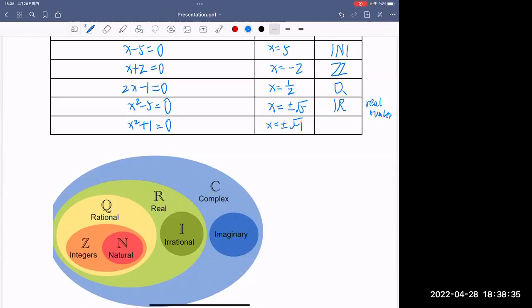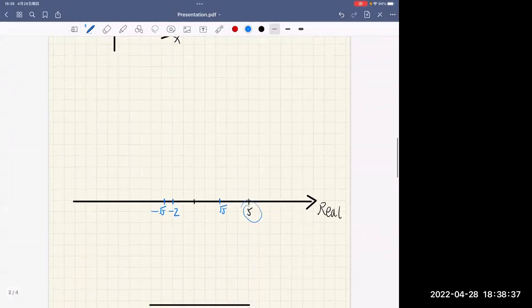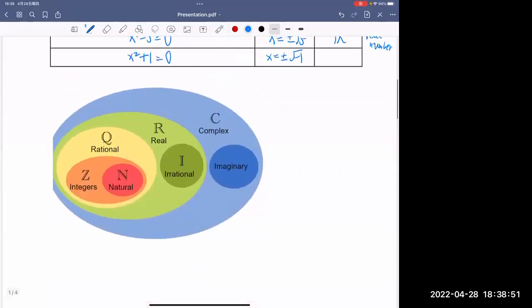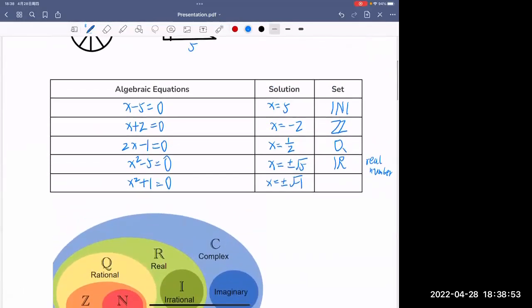And the square root of -1, if we see it on this number line, is not between any numbers that we know up here. So it does not exist in the normal dimensions we usually know. So it does not have real solutions. And we call this an imaginary number, indicated by the letter i.